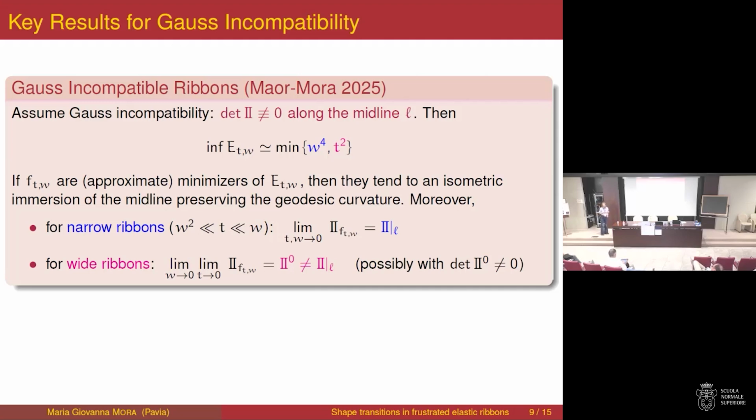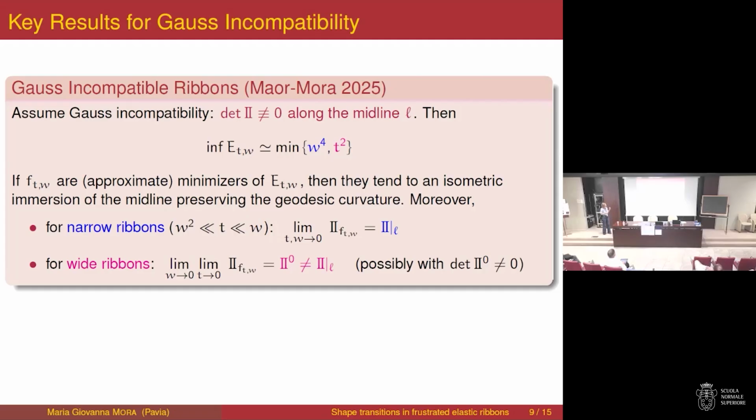So the first result that we have is for Gauss incompatible ribbons. First of all, incompatibility in these results matters only along the midline. We are assuming to be in the flat case, so the Gauss equation would simply mean that the target curvature has determinant equal to 0.